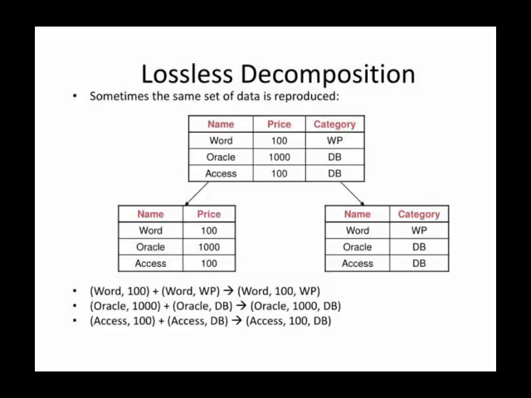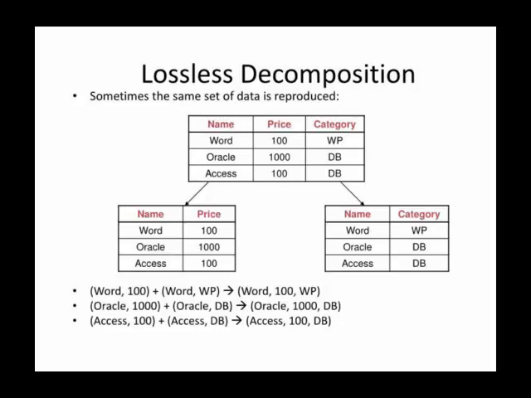Let me give you another example. It is about lossless decomposition again. This time we have one universal table that consists of three attributes and three rows. The first attribute is name, the second attribute is price, and the third attribute is category.